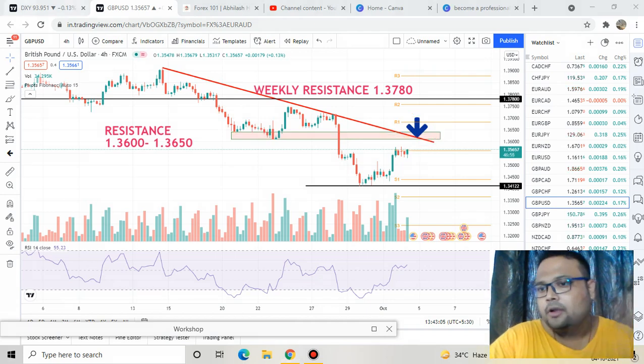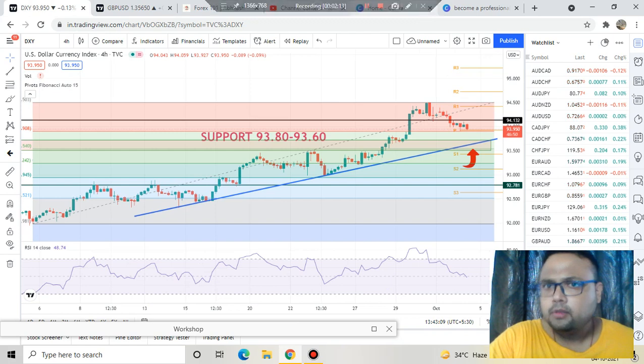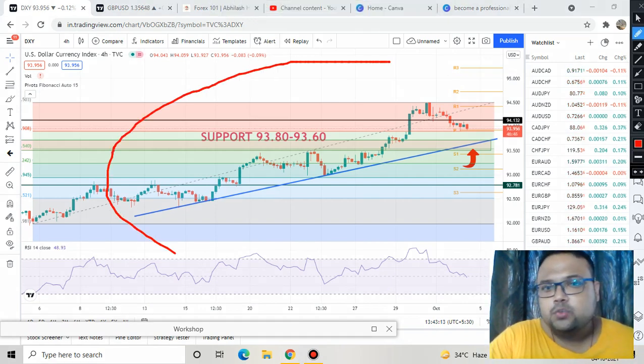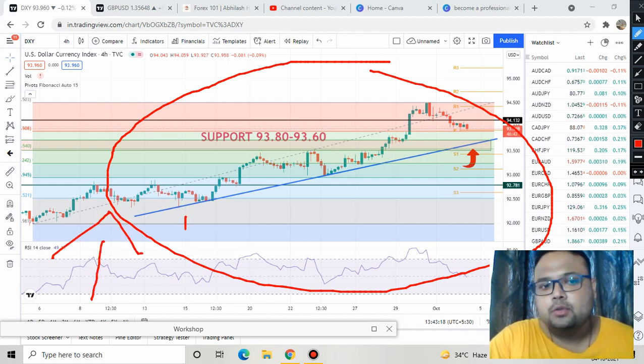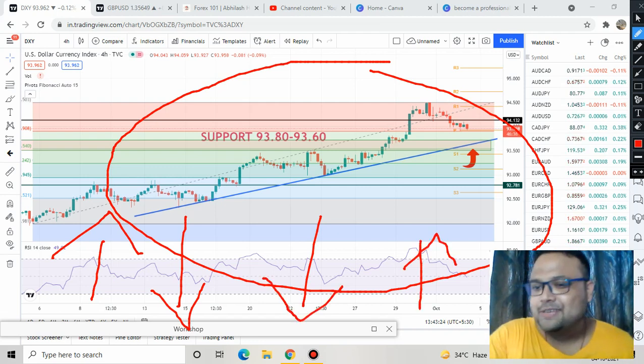On the other hand, if we look at the chart of DXY, in the DXY also we have a similar pattern. DXY is in an uptrend, and as we all know, when DXY goes up, GBP USD goes down. When DXY goes down, GBP USD goes up.